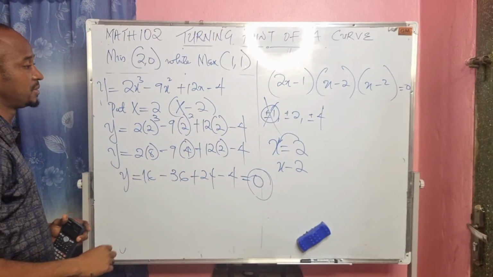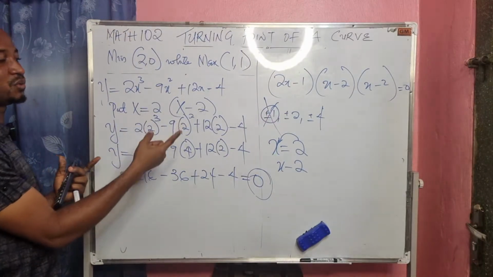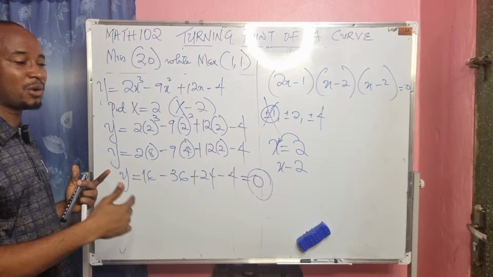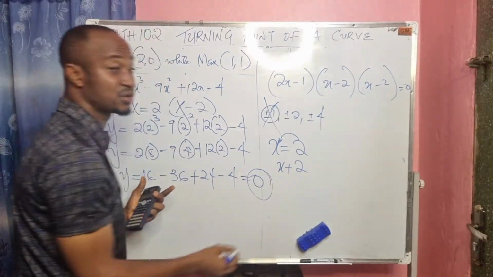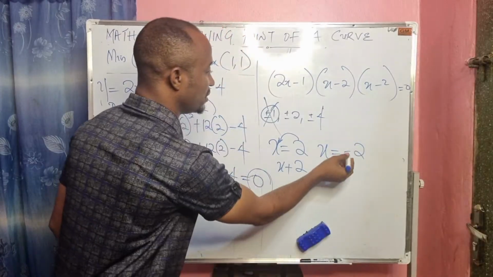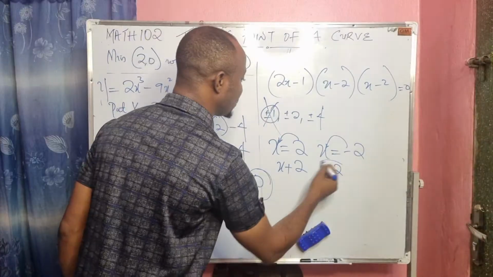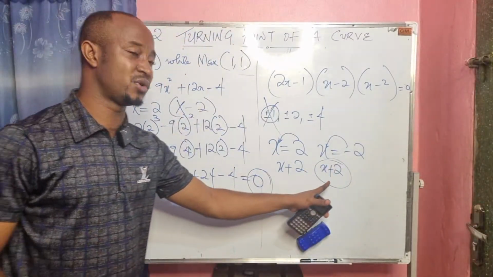Are we there? But what if we put x equals to minus 2 and we got 0? It means I will divide by x plus 2. Meaning if I'm to use x equals to minus 2, when you bring this to the other side it becomes x plus 2. So I will divide the polynomial with x plus 2.